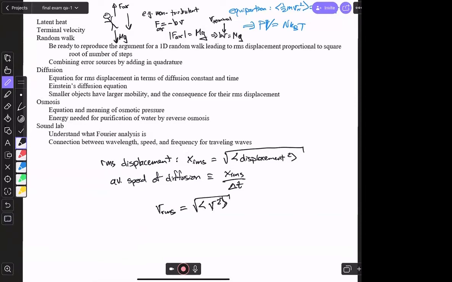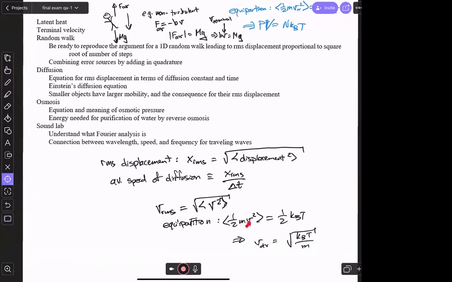And actually, when you're using equipartition, you are calculating the RMS velocity, even though we didn't use that term, because you're saying 1/2 mv squared on average is equal to 1/2 kBT. And so that's telling you that v on average is equal to the square root of kBT over m. Really, you're taking the square root of an average of a square.